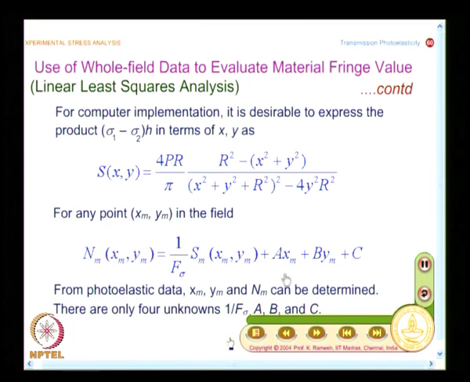It is an assumed residual stress field. And from photoelastic data, what can you find out? I can find out at every point of interest the value of fringe order N. That is what is written here. The coordinates x and y and the fringe order at the point m can be determined from the experiments.